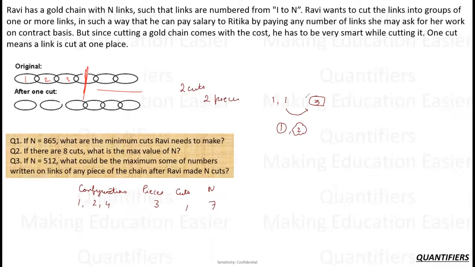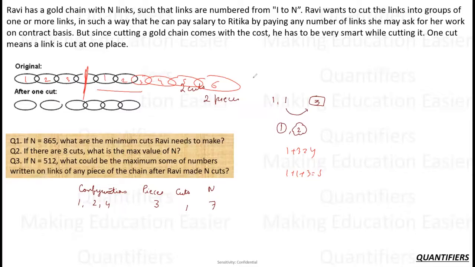Using these three, I can pay 4 as well as 5. 1 plus 3 is 4, 1 plus 1 plus 3 is 5. So the next cut that I can afford to have is after 6. So 1, 2, 3, 4, 5, and 6. So the next cut is after 6.